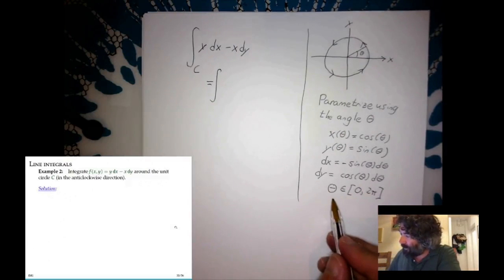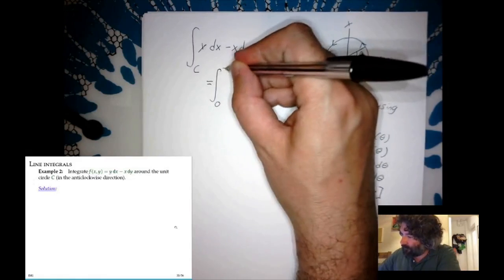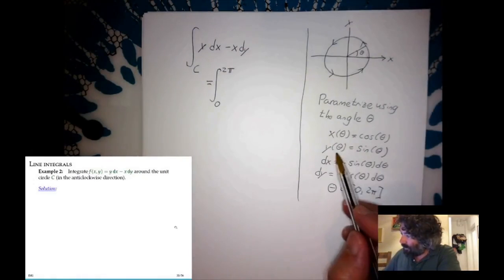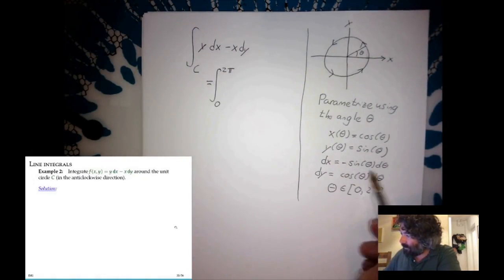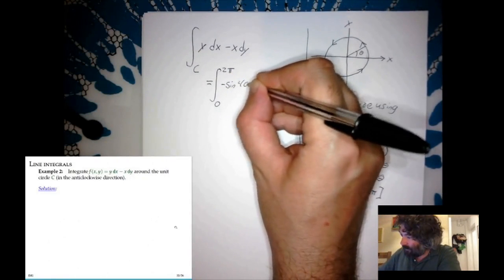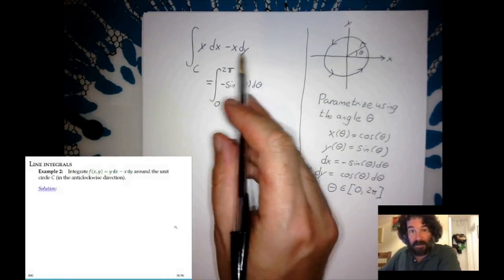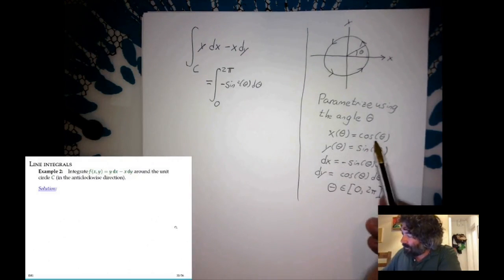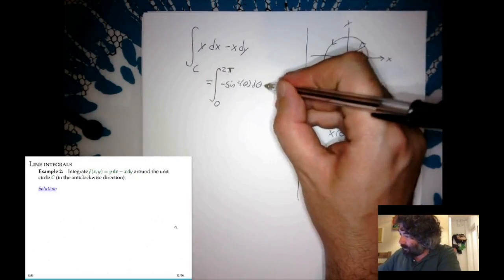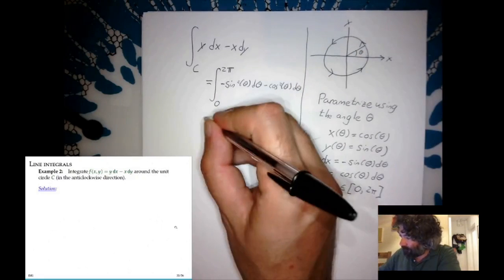So this will become the integral from 0 to 2 pi of y dx, and so y is sine of theta, dx is negative sine of theta, so that becomes negative sine squared of theta d theta, and then minus x dy, x is cosine of theta, and dy is cosine of theta d theta, so that's minus cosine squared of theta d theta.